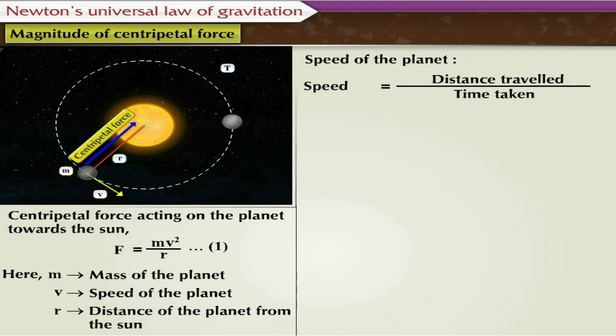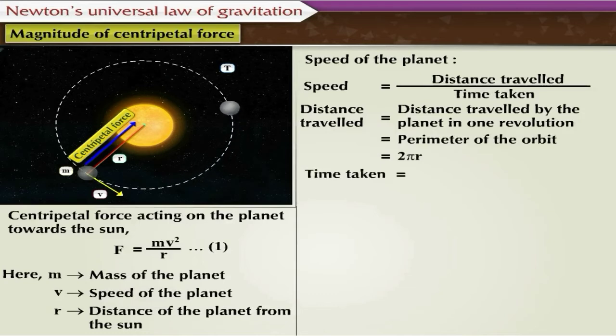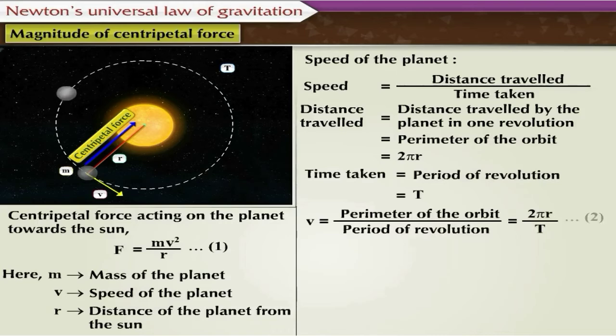In this formula, distance traveled is equal to the distance traveled by the planet in one revolution, which is equal to the perimeter of the orbit, which is equal to 2 pi r. The time taken by the planet is equal to the period of revolution, which is equal to T. Therefore, the speed of the planet v is equal to the perimeter of the orbit upon the period of revolution, which is equal to 2 pi r upon T. This is equation 2.